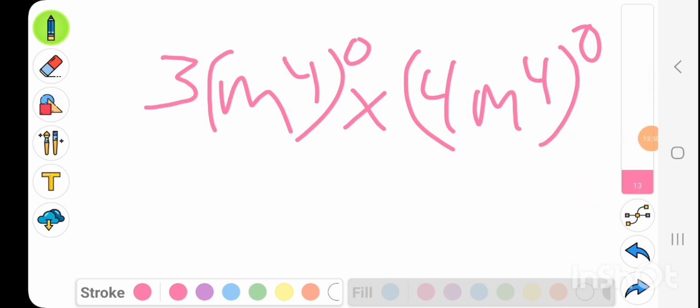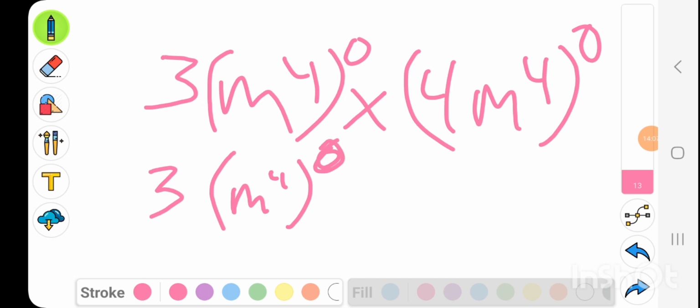Let's try to solve this together. There are a couple of index laws applied here, so let's go step by step. Remember, anything in a bracket that's to the power of something, you have to multiply the powers.